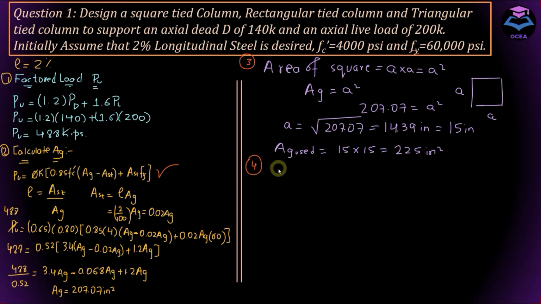Pu is equal to 488, phi is equal to 0.65, K is equal to 0.80, Fc prime is equal to 4, and Ag here is equal to Ag used, which is equal to 225, minus Ast, which is the unknown in this equation.